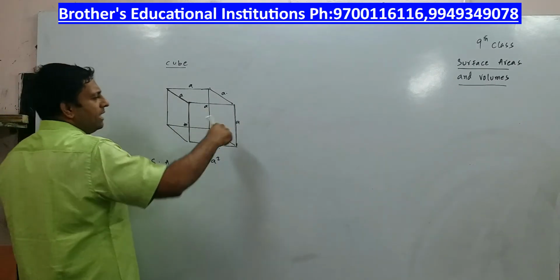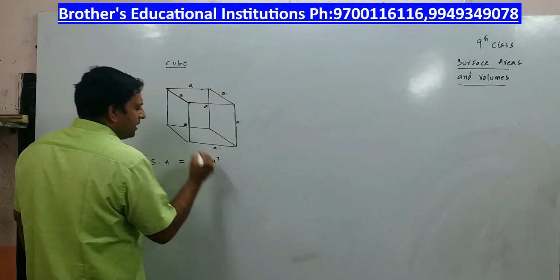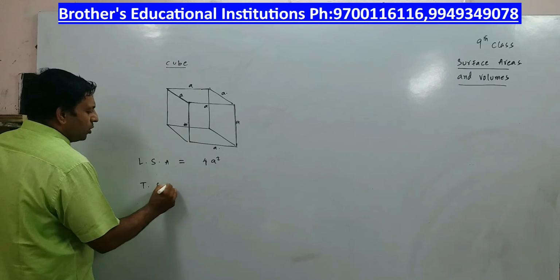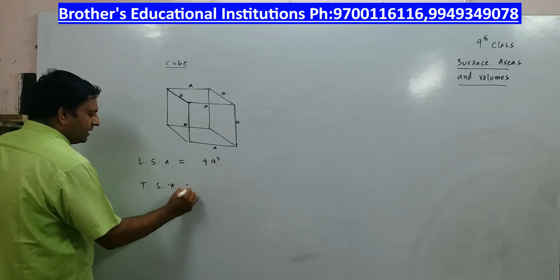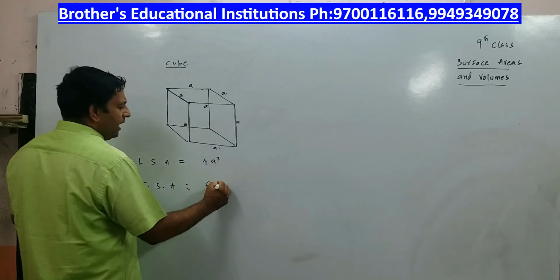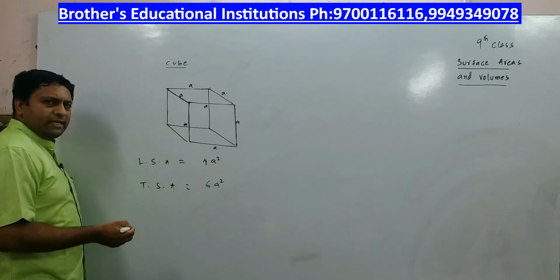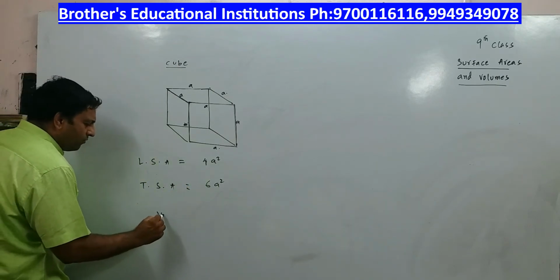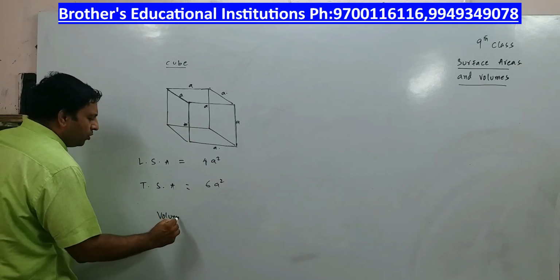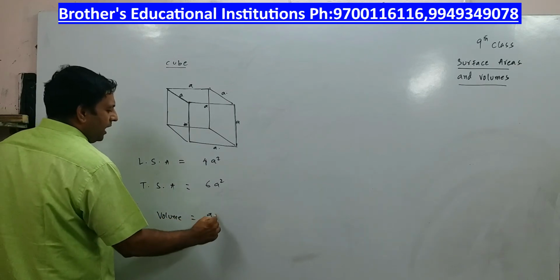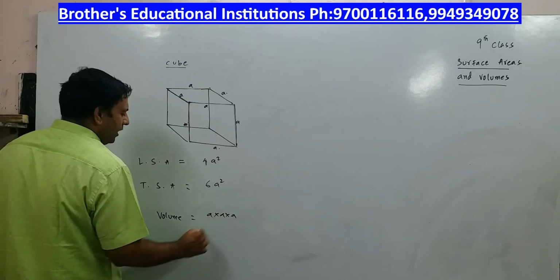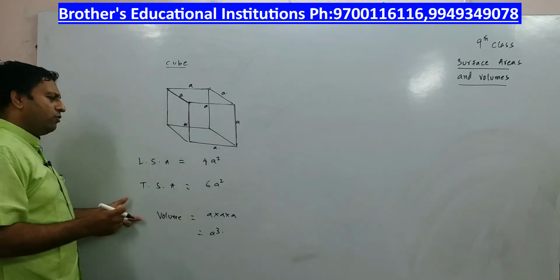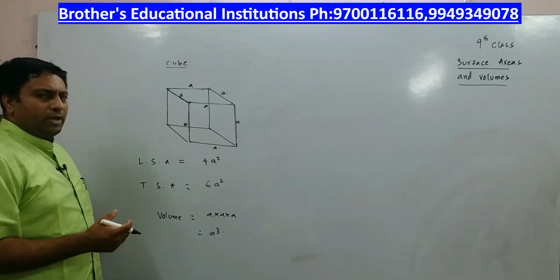And because laterally you have got 4 faces, the lateral surface area of a cube is 4a square. Similarly, the total surface area, I call that TSA, is equal to 6 times a square, or 6a square. Now this is the area part, and the volume of the cube is given by the formula a into a into a, which is equal to what? a cube. So please fix this in your mind. You have to learn this formula by heart because you will come across problems.